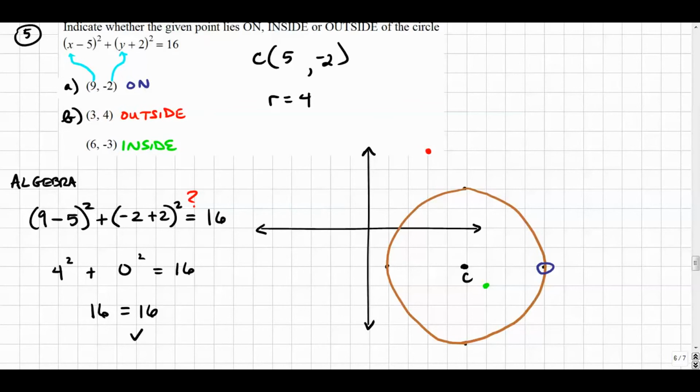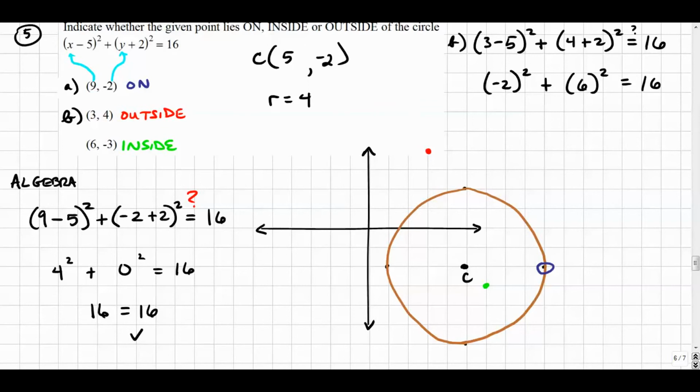Let's try letter B. Again, plug in 3 for x. So we're going to go 3 minus 5 quantity squared plus 4 plus 2 quantity squared, does that equal 16? Well, this is negative 2 quantity squared plus 6 quantity squared.